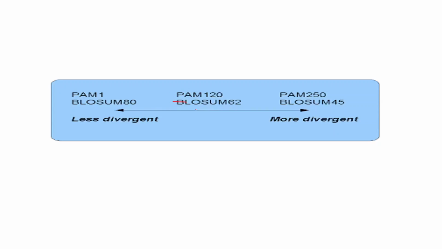So when you go for a lower PAM matrix like PAM 1 or a higher BLOSUM matrix, that is BLOSUM 80 or more, that means your sequences are less divergent, or they are very close to each other.